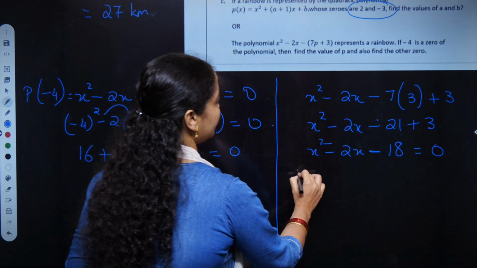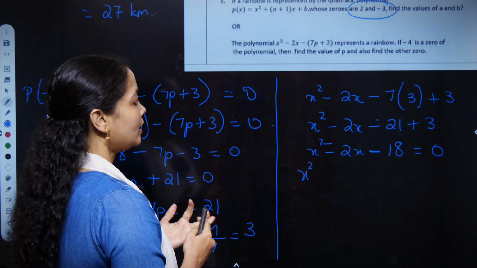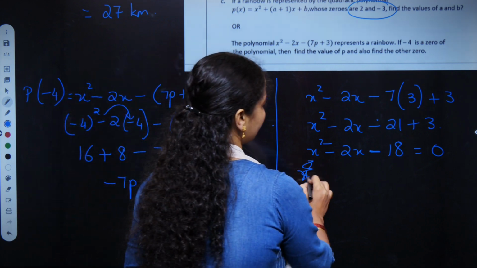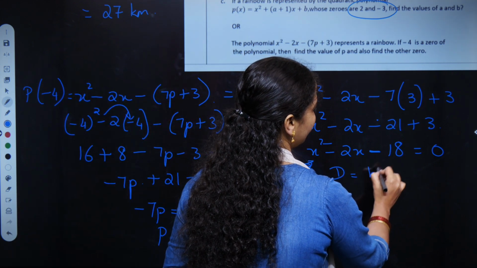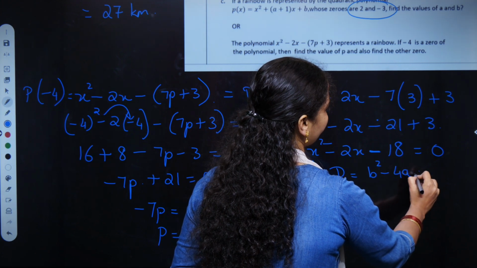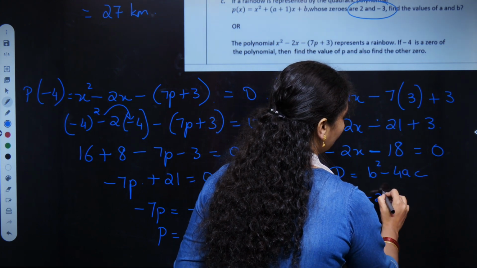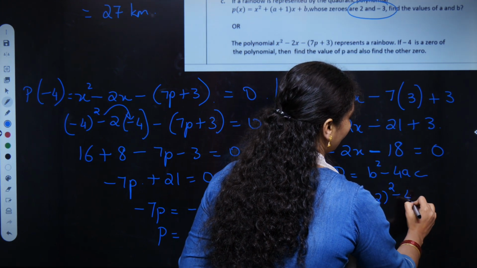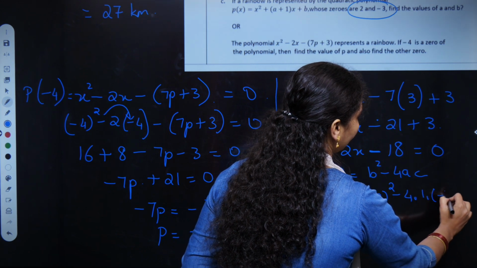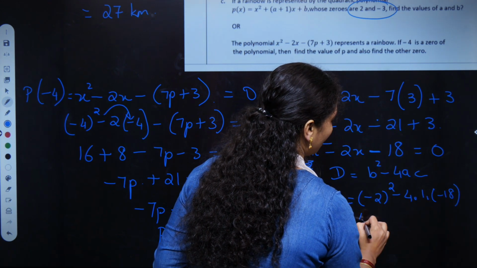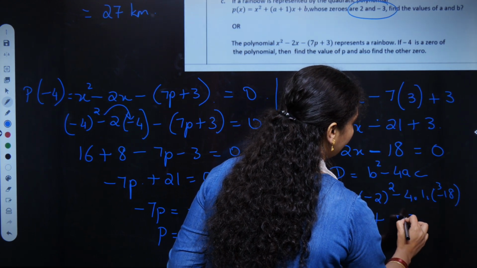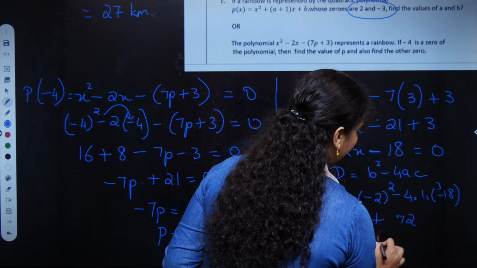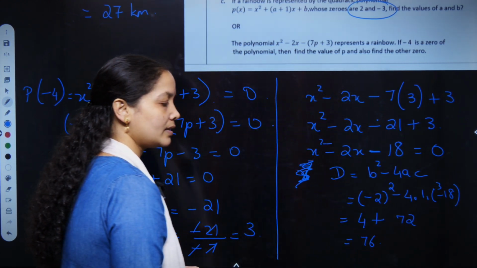Now I have to split this. So I'll solve this equation using the discriminant or quadratic formula. Discriminant will be equal to b square minus 4ac, that is negative 2 whole square minus 4 into 1 into negative 18. So it's 4 plus 72, that is 76, which is the discriminant, greater than 0.